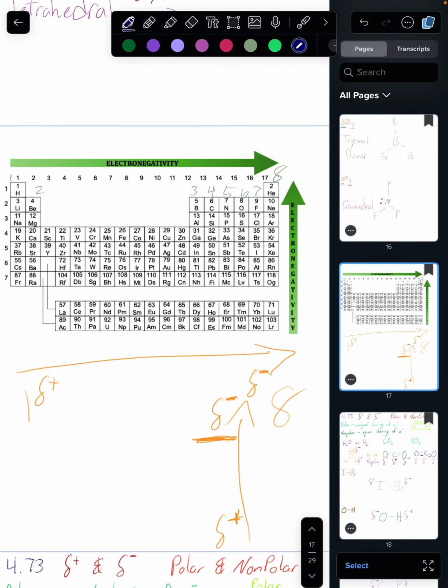So, if we go back up here, well, our hydrogen to a phosphorus, and that is only going to be 1, 2, 3, 4 steps.